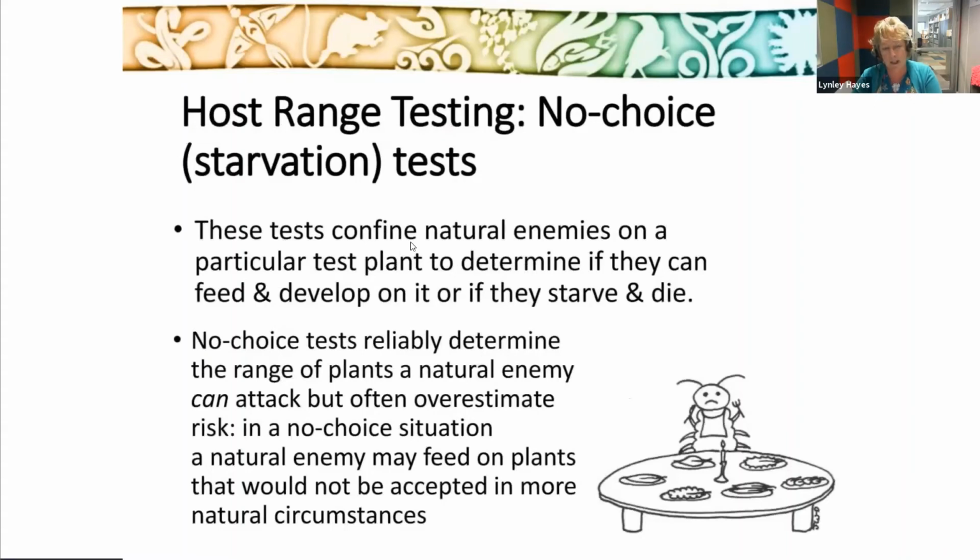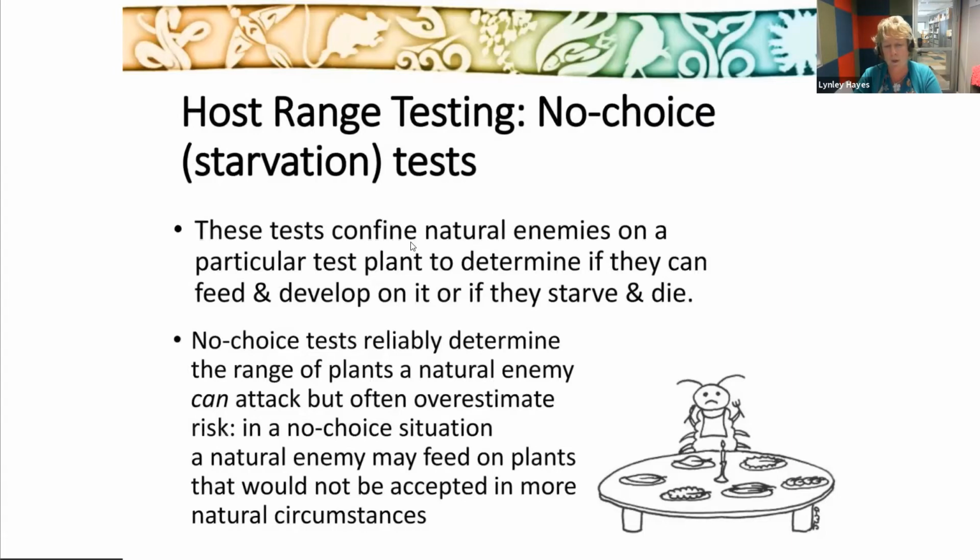So some of these tests can be quite brutal. We do what we call no choice or starvation. So we might do something like put an insect on a closely related plant to our weed and say, eat this or die. When you do such an extreme test as that, sometimes the insects are desperate and they will try to develop. And then you'll quickly find, no, they're trying to feed, but they can't.